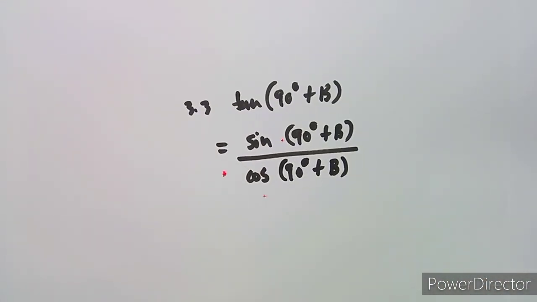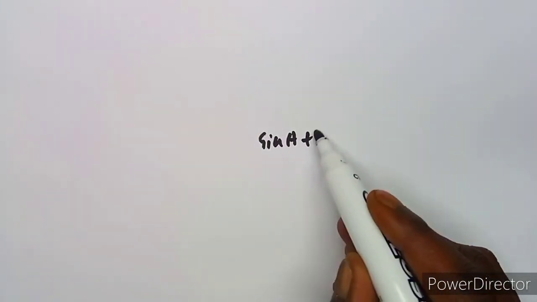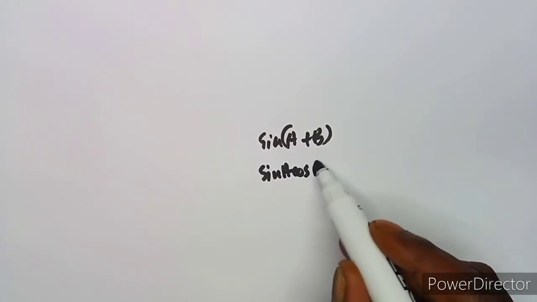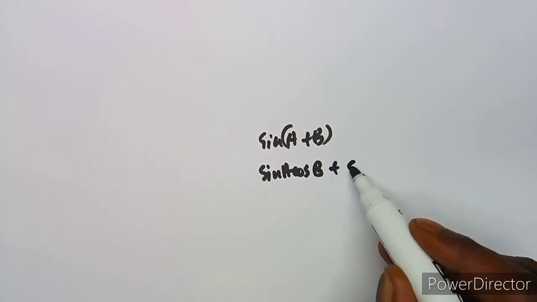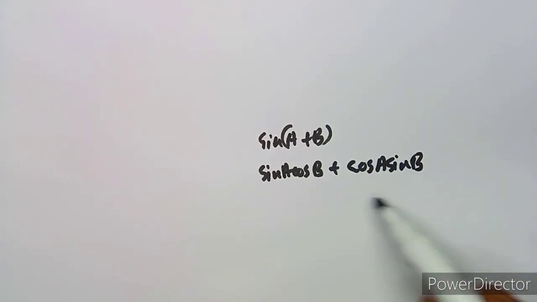Because we can expand them. Remember, sine of a plus b gives us sine a cos b plus cos a sine b, just like that. That is what you have.